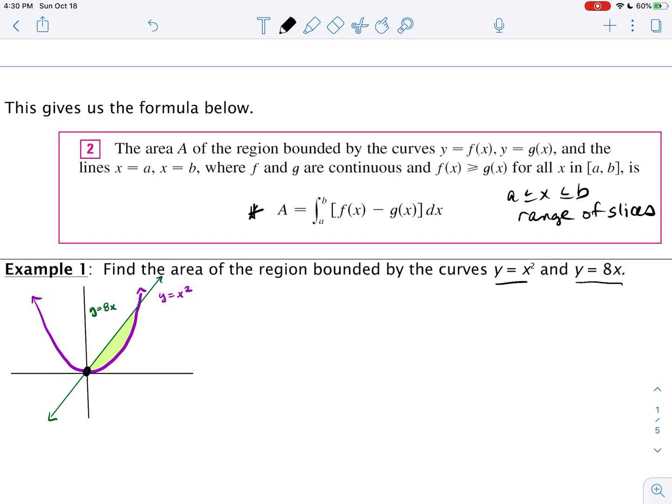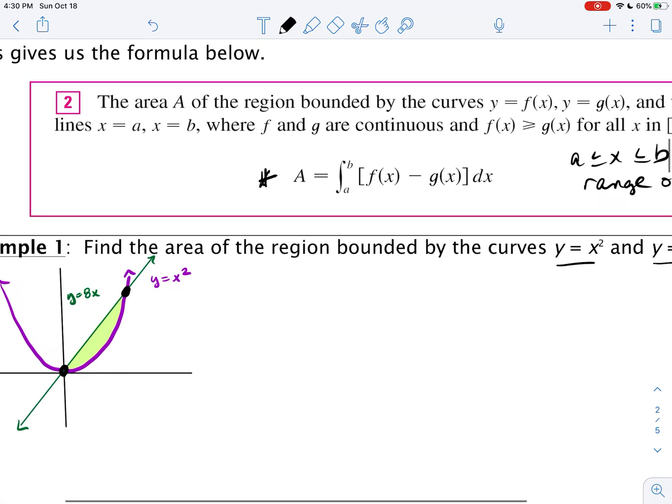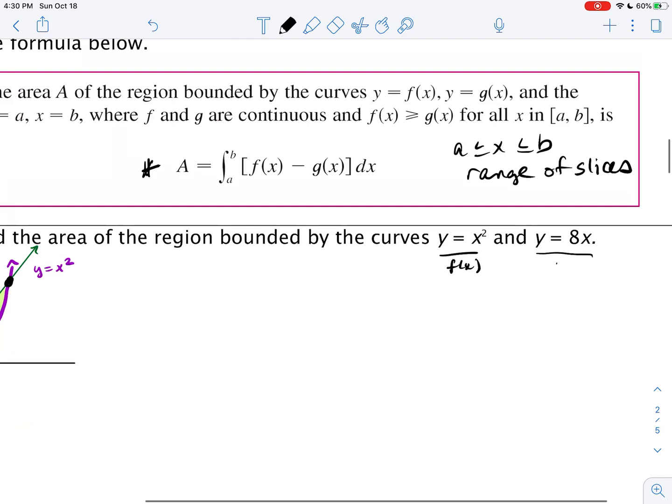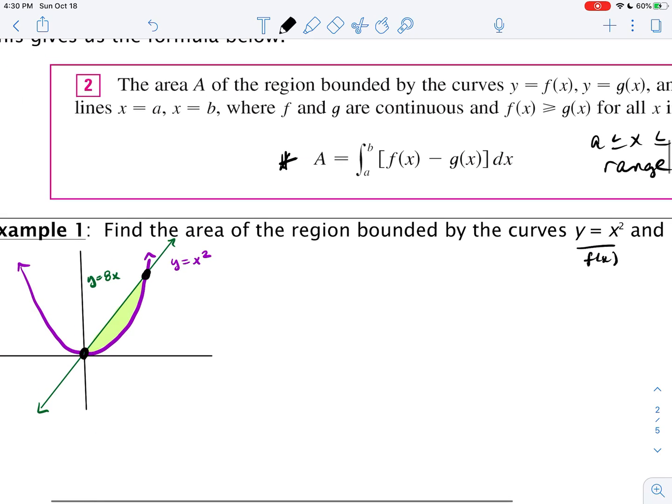So how do we find these points of intersection? Well, those points actually lie on both curves, so we want to set y1 equal to y2 and solve for x, or we can say if this is our f of x and this is our g of x, we want to say set f of x equal to g of x to find the points of intersection, because they will identify the range of our curves.